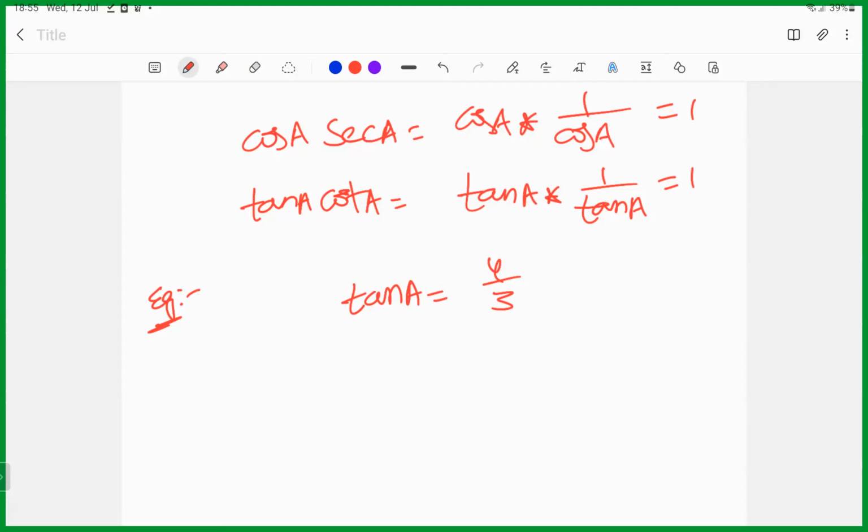Right. Harry, do that sum. See his notebook. Tan A equal to 4/3. Then you need to find out other ratios.